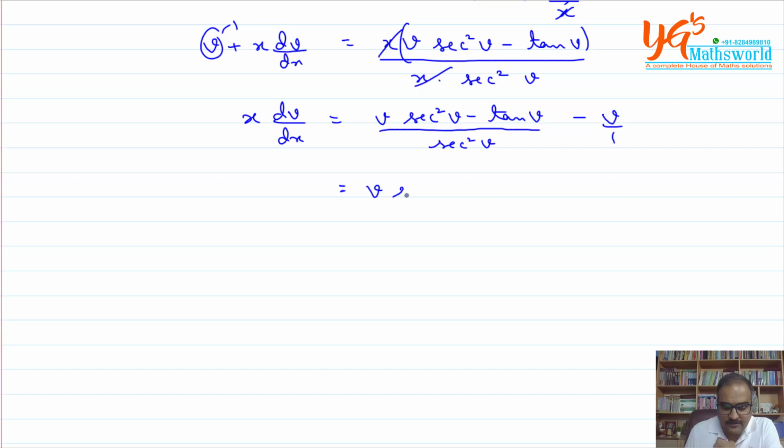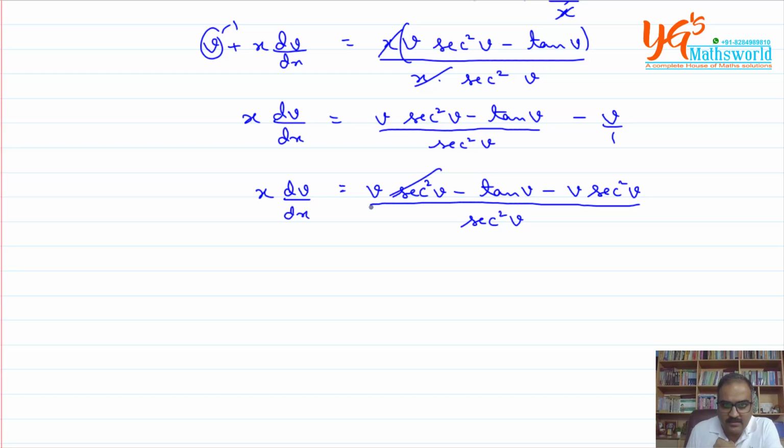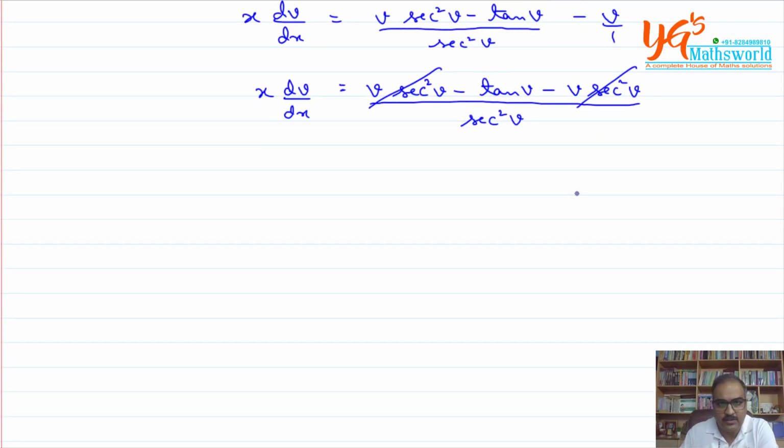So it will be v times secant square v minus tan v minus v times secant square v over secant square v, that is x dv by dx. So this part and this part both cancel out. So it comes out to be x dv by dx is equal to minus tan v over secant square v.